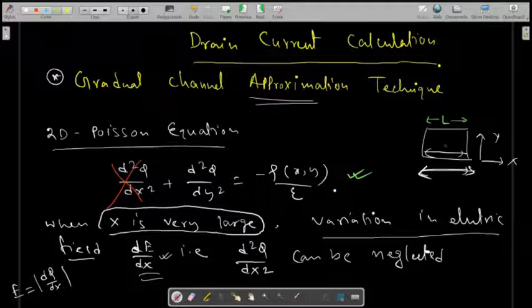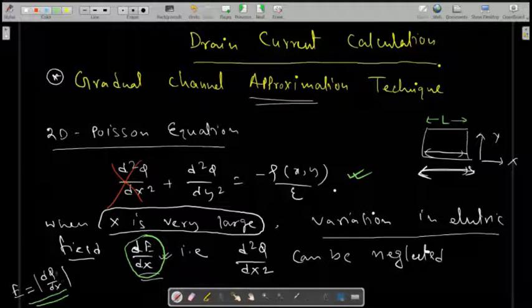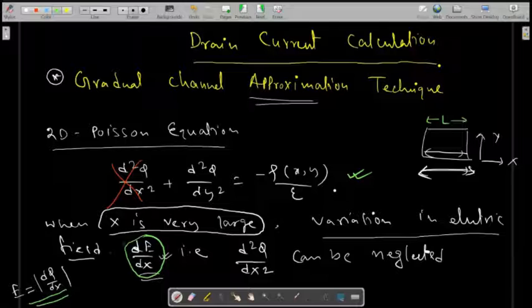So then the gradient of electric field, that means dE by dx, the derivative of electric field. We know that E equals minus d phi by dx, so d by dx means d2 phi by dx square. This term will be negligible because d phi by dx, the electric field, will be almost constant when the value of x is large.